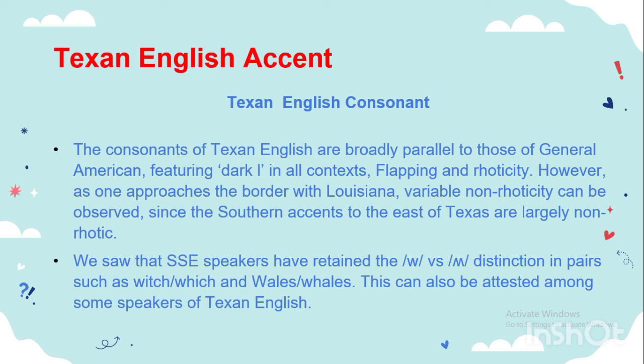We saw that SSE speakers have retained the W with WH distinction in pairs such as which and witch, whales and Wales. This can also be attested among some speakers of Texan English.